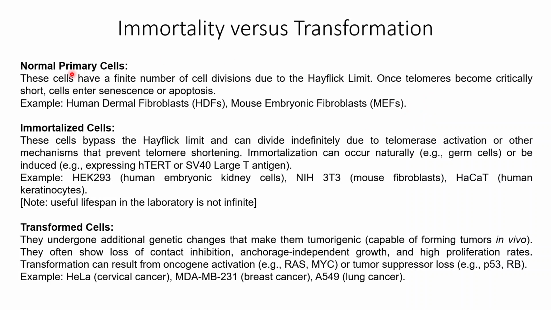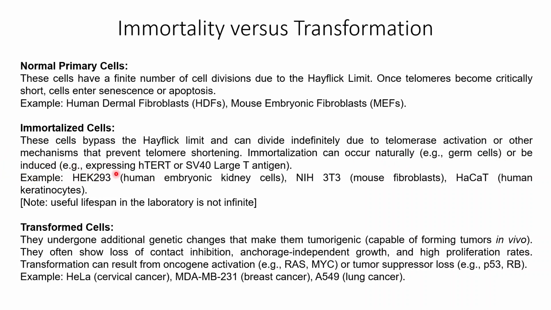Now, what are immortalized cells? These cells can bypass the Hayflick limit, and they can divide indefinitely because of telomerase activation, or other mechanisms that prevent the telomere from shortening. It can occur naturally, or it can be induced, and this is something people do when they're making a cell line.